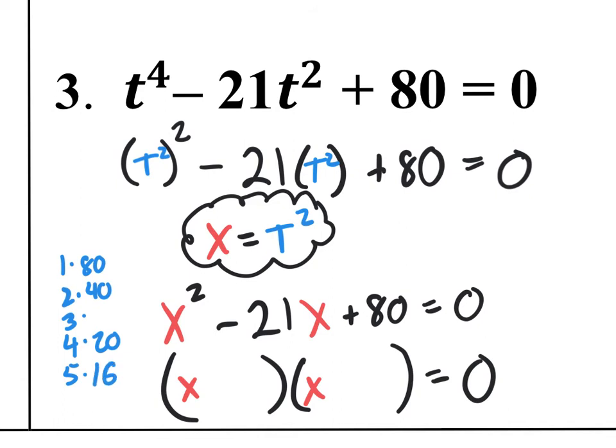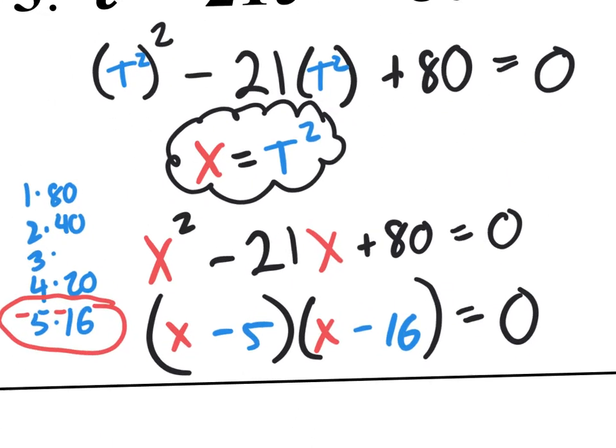And I see that when I combine positive 5 and positive 16, it'll give me a positive 21, but I need it to be a negative 21, right? So I have the right numbers, I have the wrong signs. I'm going to change that to a negative, change that to a negative. So I plug these values in, minus 5, minus 16.